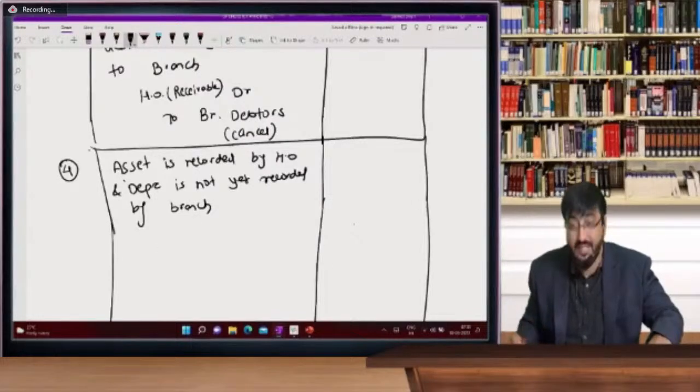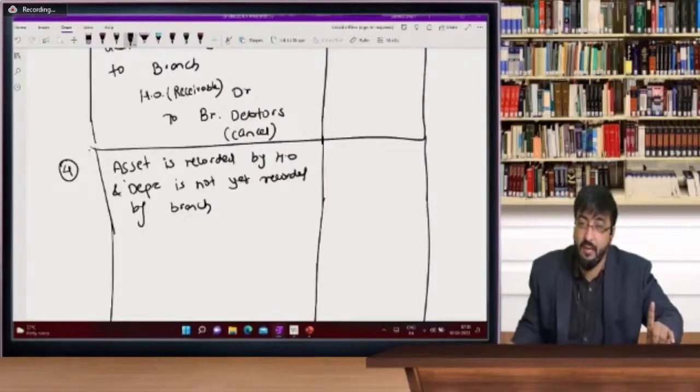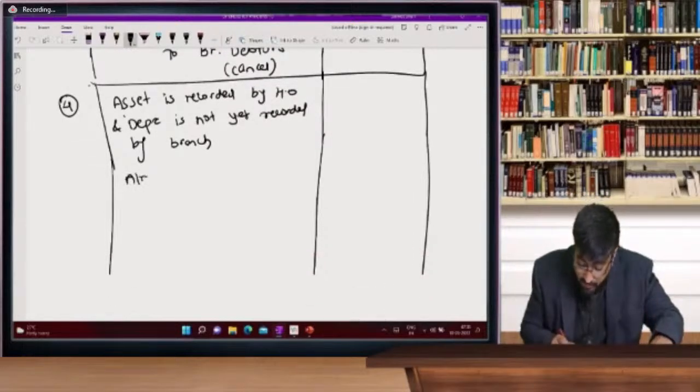Now this is very simple. Who will record the asset? Asset will be recorded by HO. So what is the entry already passed by HO?